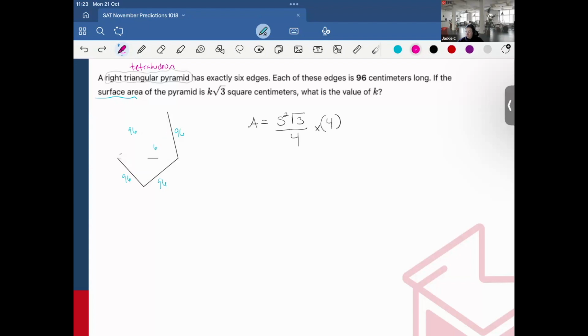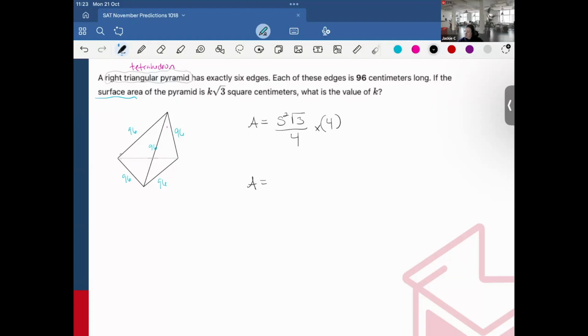One, 2, 3. I hope you see there's this one here, 1, 2, the back one, 3, and then the bottom one, 4. So I just need to get the area of each face, multiply it by 4, and that should be my answer. And that's exactly what I'm going to do.